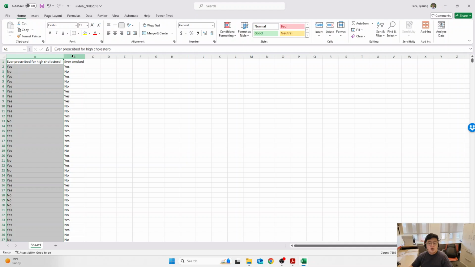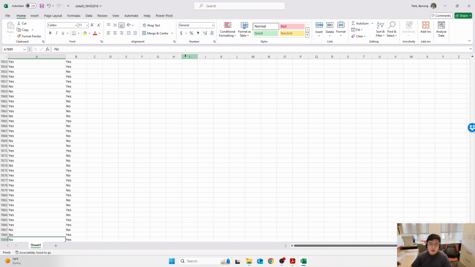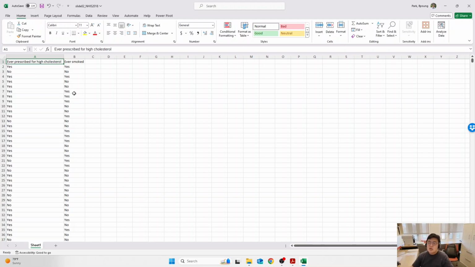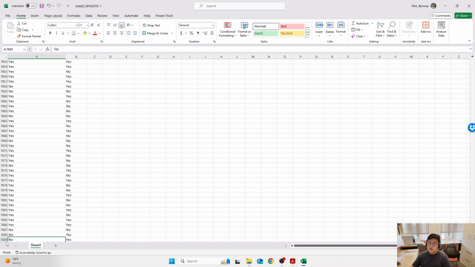We have two columns, and look at this number, 7,889, because the first row is the variable name. Taking minus one, we have 7,888, right?